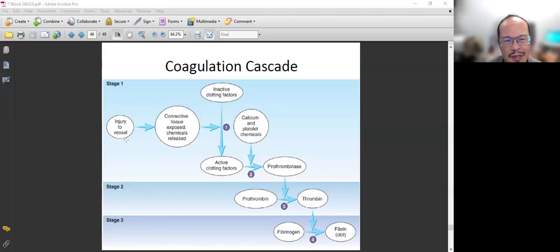There are several terminologies that people talk about, tissue factors, etc., but we are not going to talk about those. And it will go through activation of several coagulation factors. You can see that this activation takes a cascade. One activates the other, activates the other, activates the other. In the end, the purpose is to convert fibrinogen to fibrin.